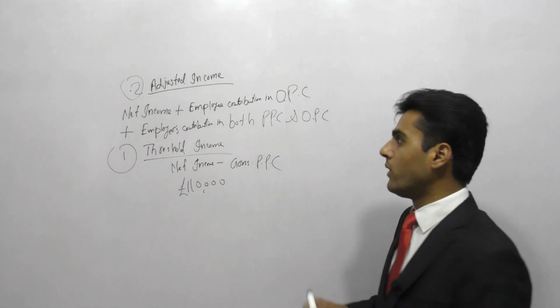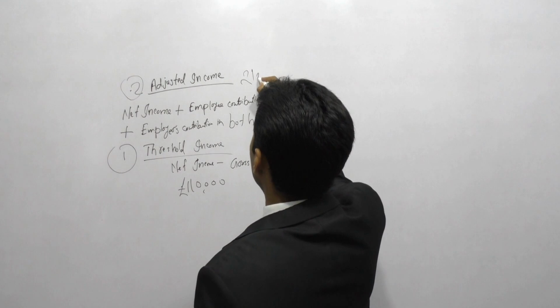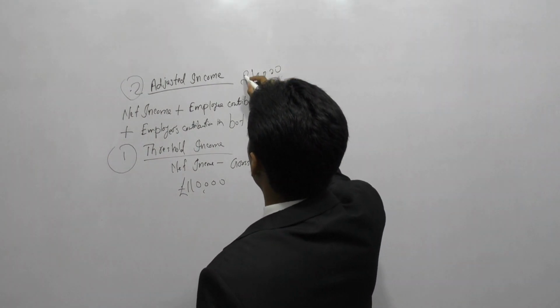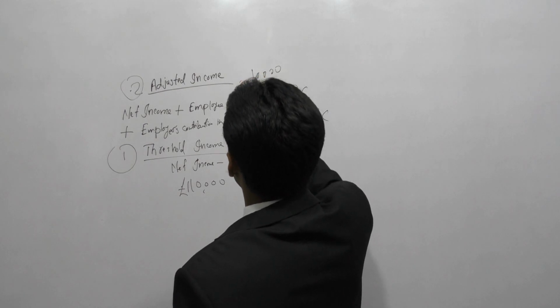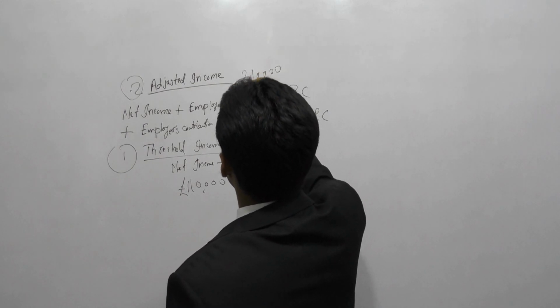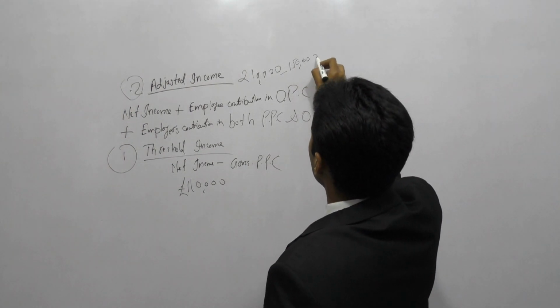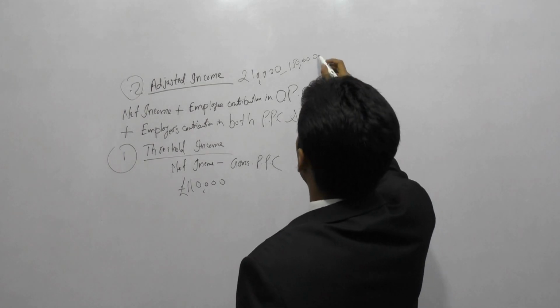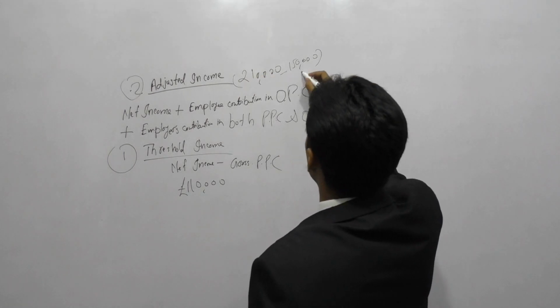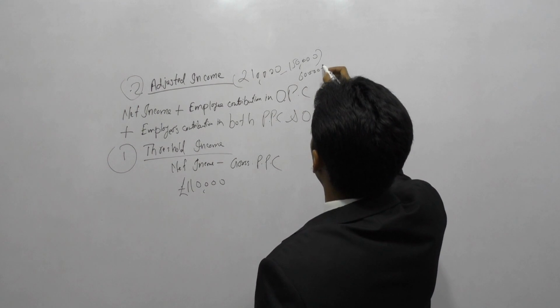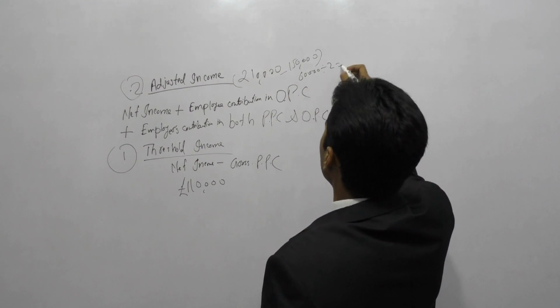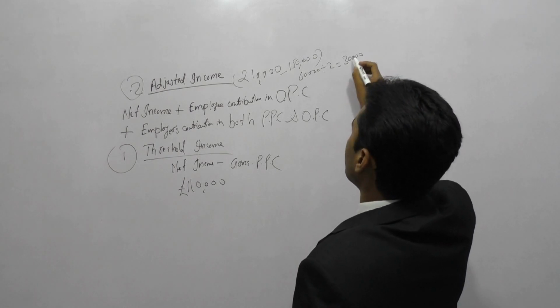Now how do we do it? It is £210,000. Give me 1 second. So £210,000 less £150,000, which is the limit, and so the balance is going to be £60,000. If I divide 60,000 by 2, it comes to £30,000.